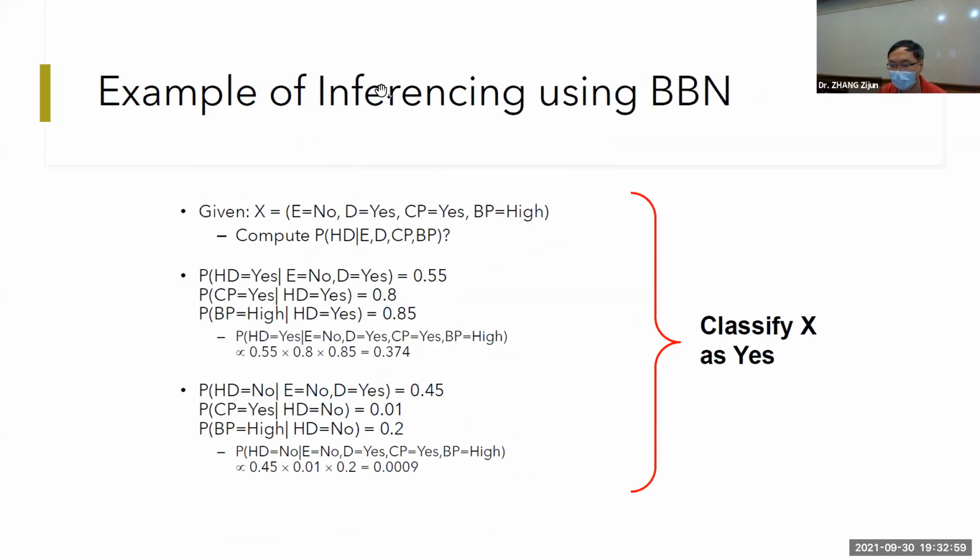And then we look at this equation. What can we do? We can see P(HD | E, D, CP, BP). If these are independent, we can make a decomposition.